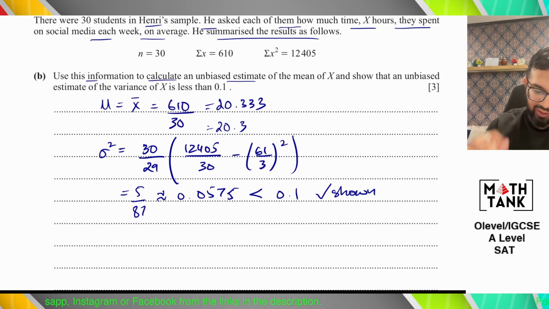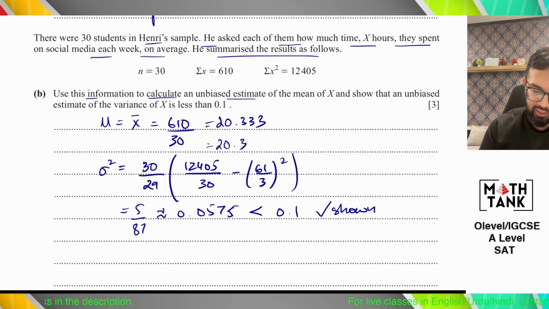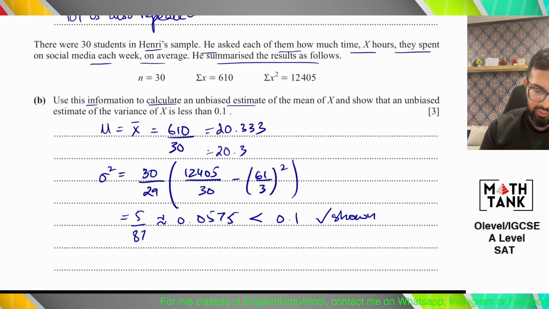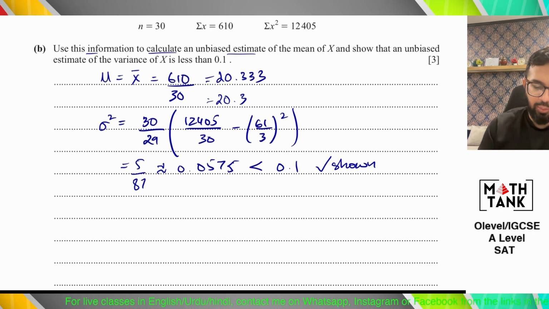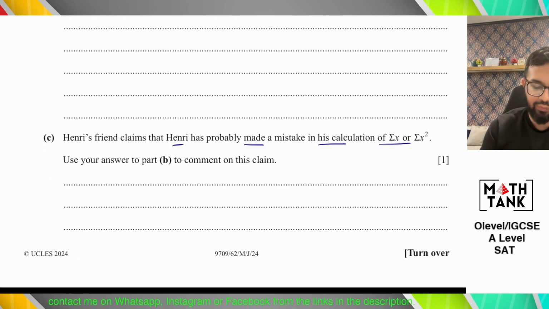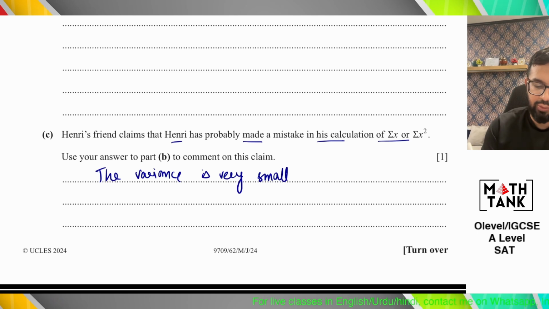The variance looks very small. 20 hours a week is reasonable, but the variance being 0.0575 is very small. So there is probably an error in sum of x squared.